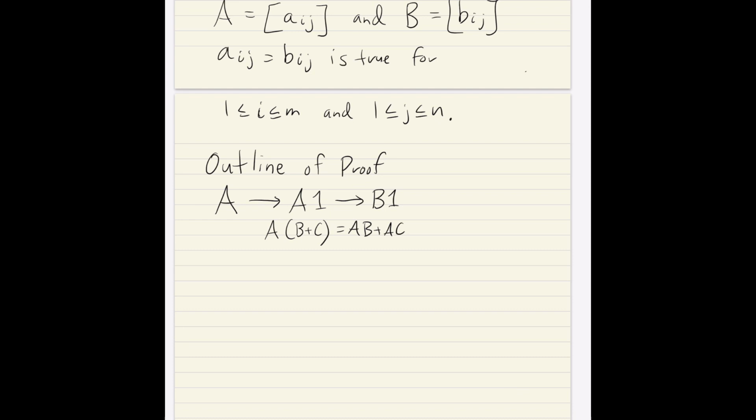How do you show that 2 matrices are equal? If every element in one matrix is the exact same as every element in the second matrix, and the 2 matrices are the same size. And then once I show they're equal, then I have statement B.